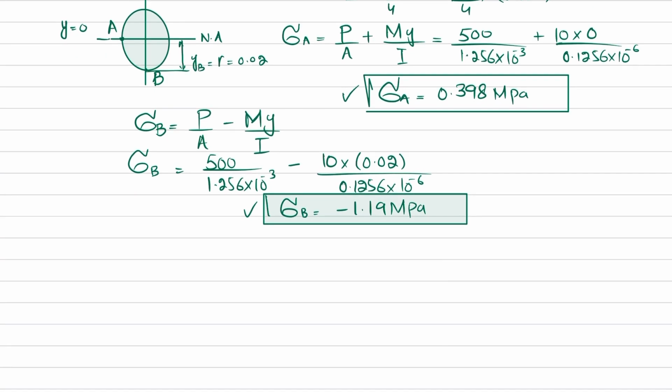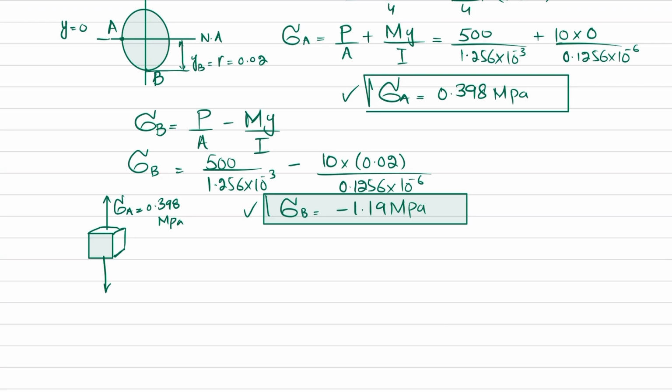Now we will represent them on a differential element. So if we take the element A like this, sigma A is positive, so it means that this will be the normal stress. Sigma A will be equal to 0.398 megapascal.